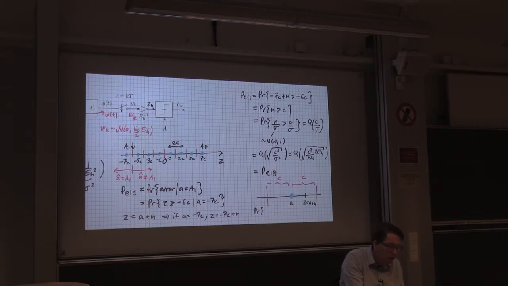So the probability of error occurs if n, the magnitude of n, is greater than C, right? Because then we fall off the left-hand side or the right-hand side.